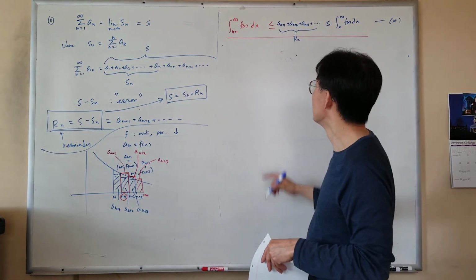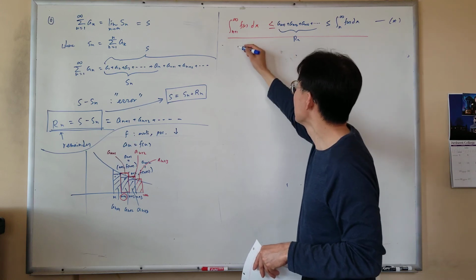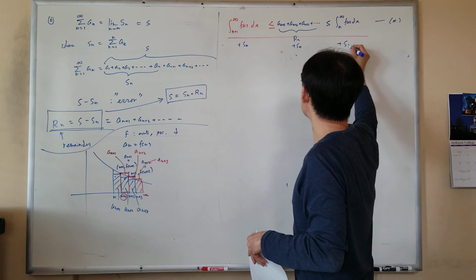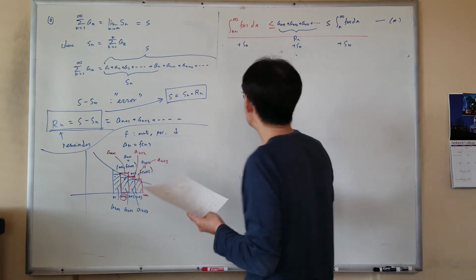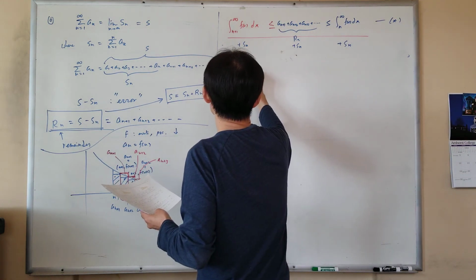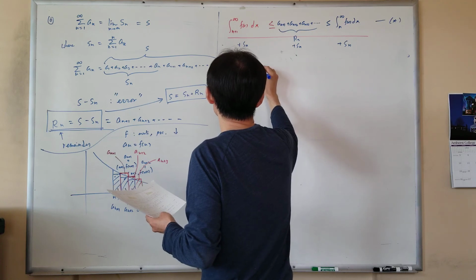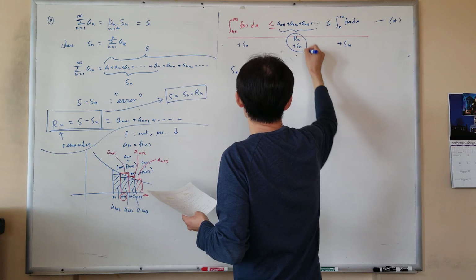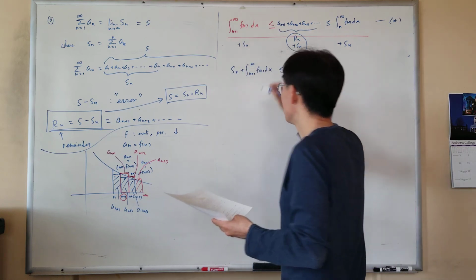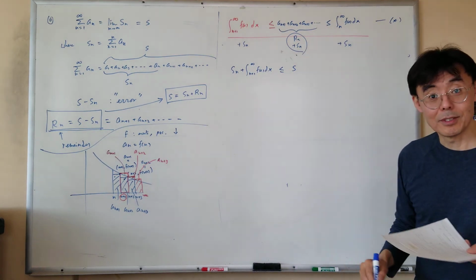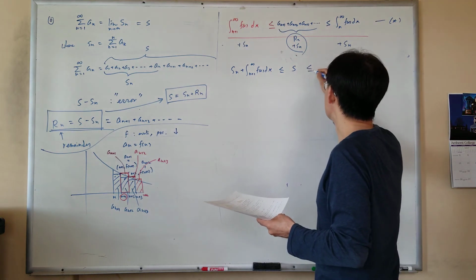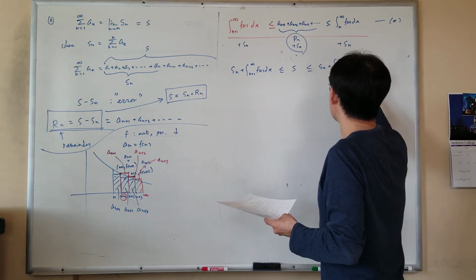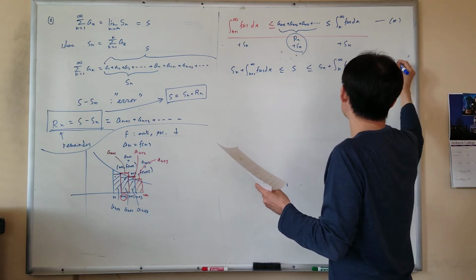So I'm going to add S_n here, S_n here, S_n. Then what do you get? S_n plus the integral from n+1 to infinity of f(x) dx. Now, R_n plus S_n means the true value, the sum of the series. Alright. So I'm going to call it double star.